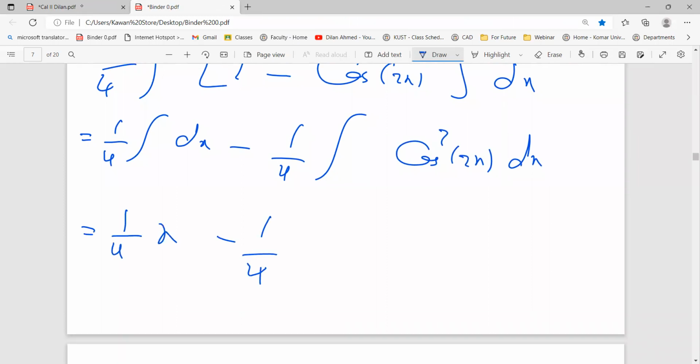How about the other part? How I solve that one? If it's square, how we solve it? No, we don't have sine here.